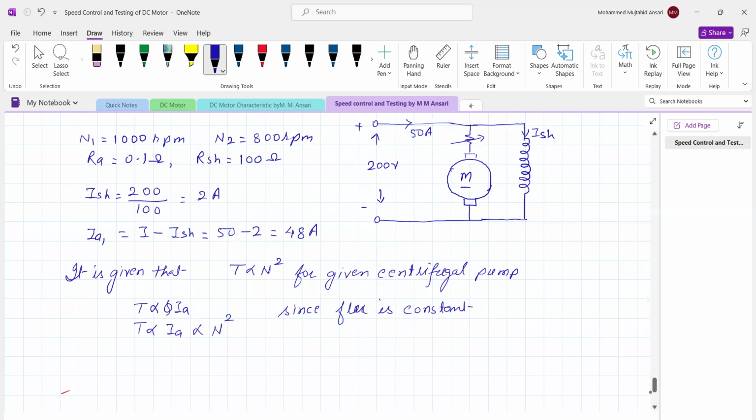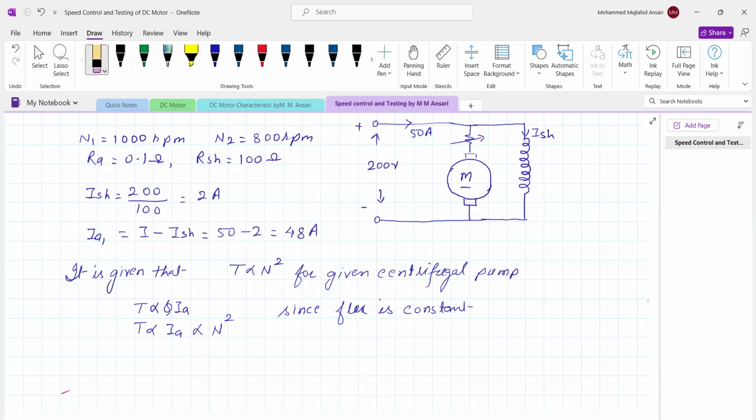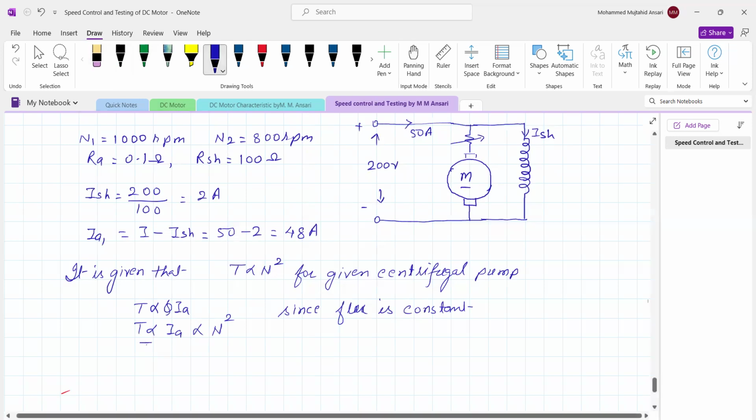So here T2 upon T1 is equal to IA2 upon IA1.